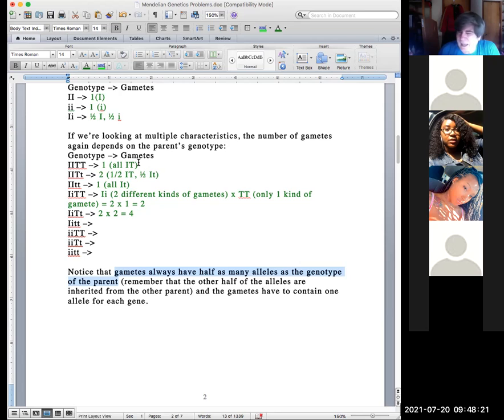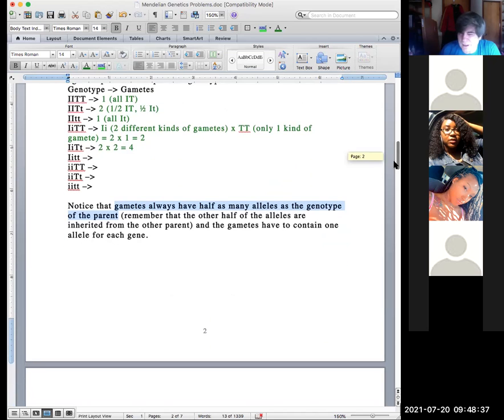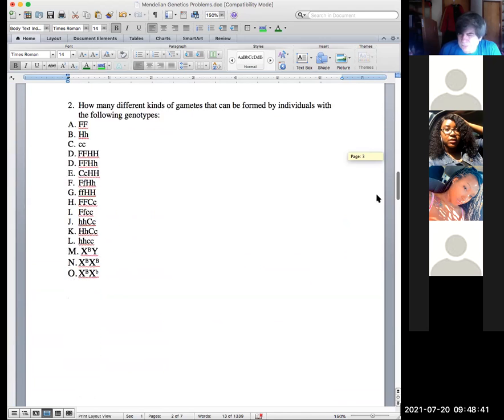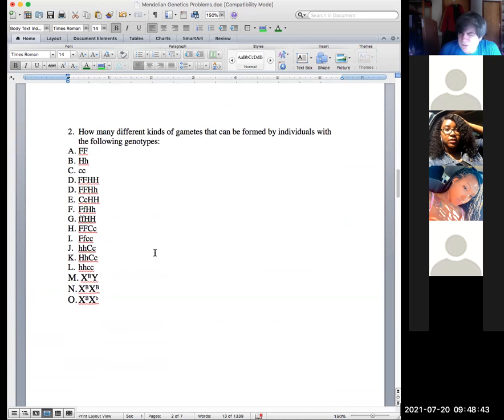Because if you make an egg with 2 I's, what characteristic is your child going to get for the T? You'd have to hope that your egg with 2 I's got lucky and met up with a sperm with 2 T's, or your kid would have either too many alleles for something or not enough. So here we have some examples of that.